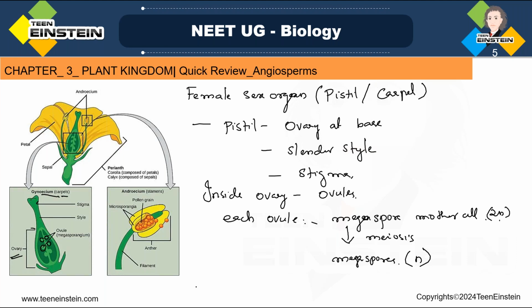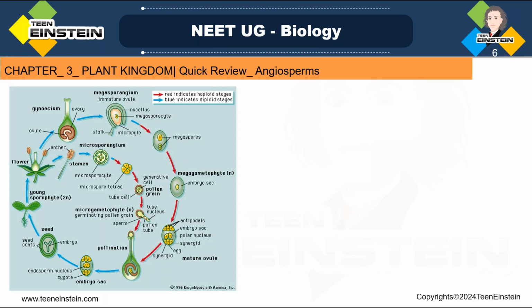Next comes, see, this is the ovule we said. This is the clear picture of the ovule. That's why we said it will undergo meiosis. Here is the megaspore mother cell. This is a megasporangium and an immature ovule.